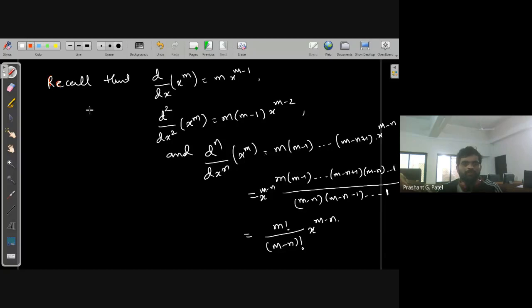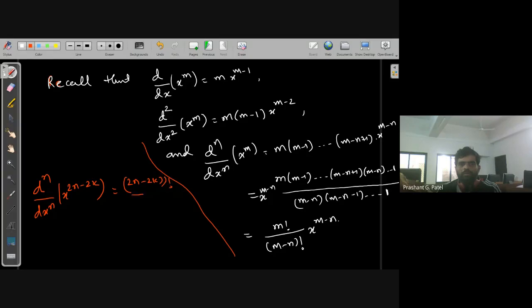So using this, if I want to write down what will be the nth derivative of x power 2n minus 2k. So as per this, instead of m we have this. So it is 2n minus 2k factorial upon 2n minus 2k minus n factorial into x power 2n minus 2k minus n.